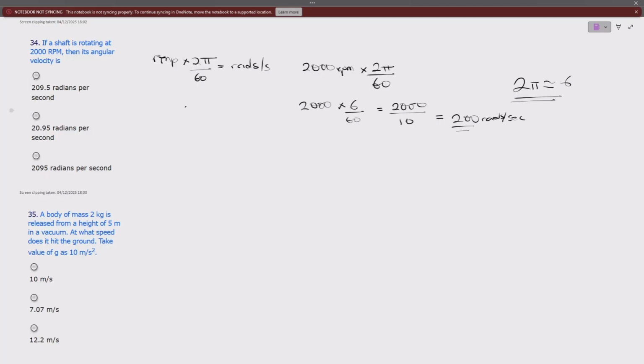This is the closest option you get, because when you divide it directly, you are going to get 209.5 radians per second. But because we did approximations, we get 200 rads per second. So you need to choose the option that is the closest possible value.